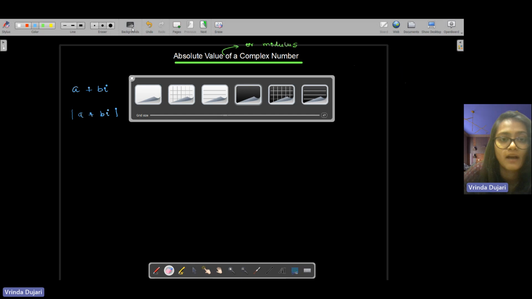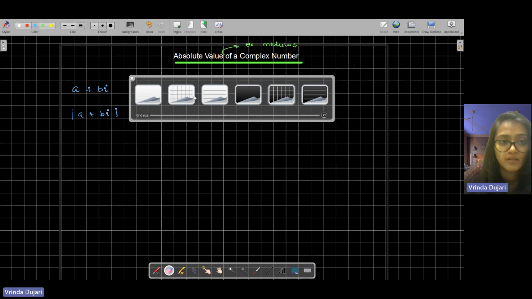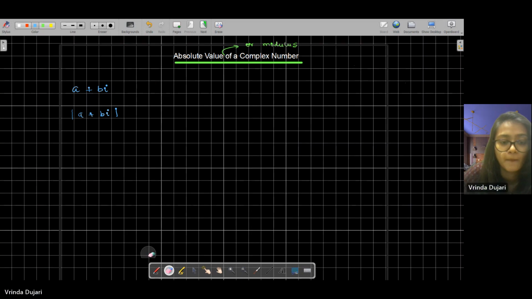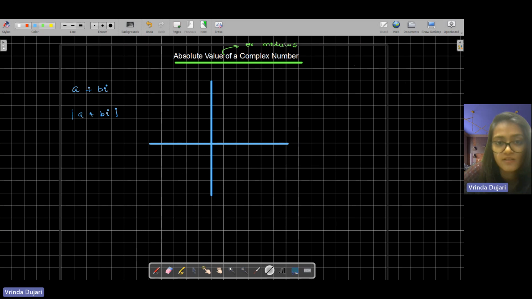So I'm going to change the background to the graphical background. And let's just quickly draw the x-axis and y-axis. I mean, real and imaginary axis. Okay, so we have this. Now let's say this is our point.